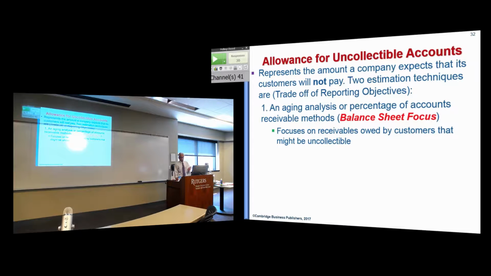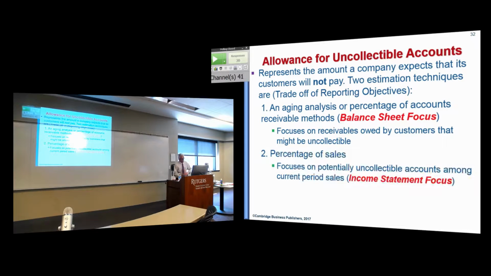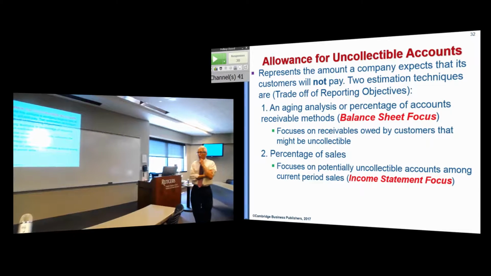We've got a balance sheet approach and an income statement approach. The balance sheet approach, or balance sheet focus, is either using an aging of accounts receivable or a percentage of receivables to estimate the amount that will not be collected. Or we can use a percentage of sales.